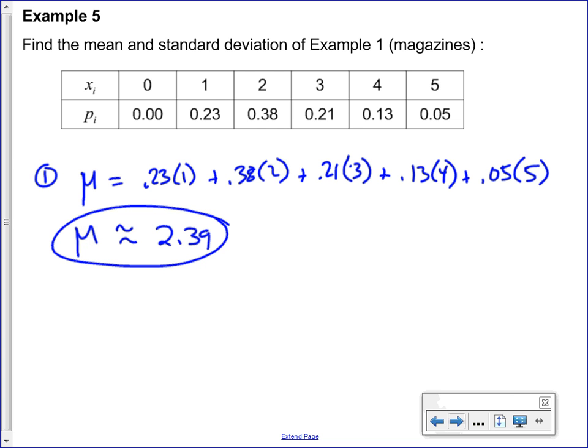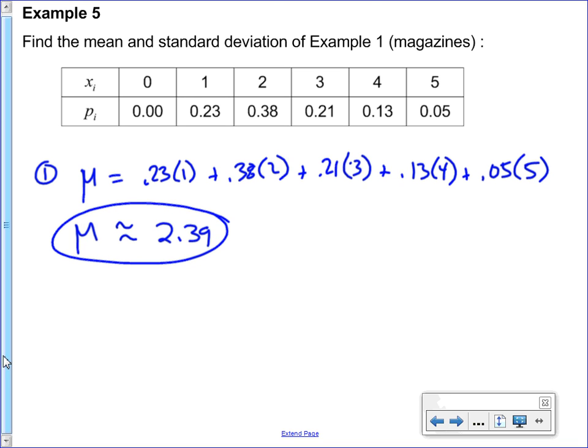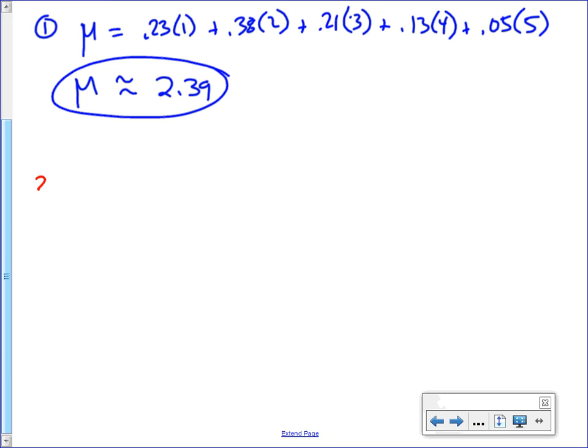Second thing, find the standard deviation. To find the standard deviation, find the variance first. So, finding the variance, Var of x, the formula is the sum of p times x squared minus mu squared, and we have mu squared.